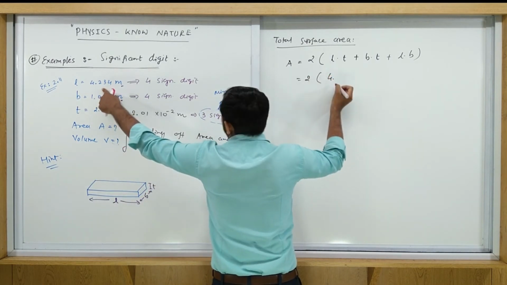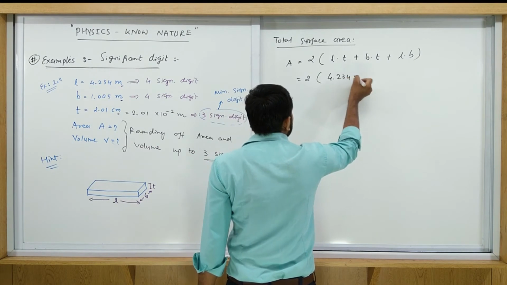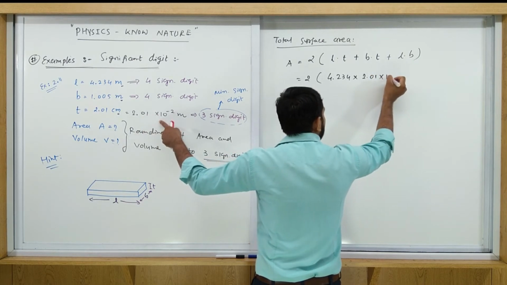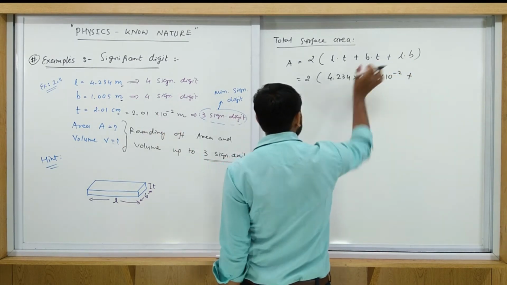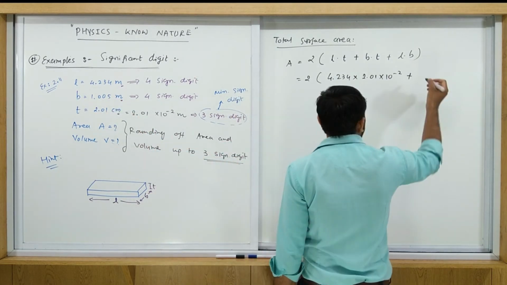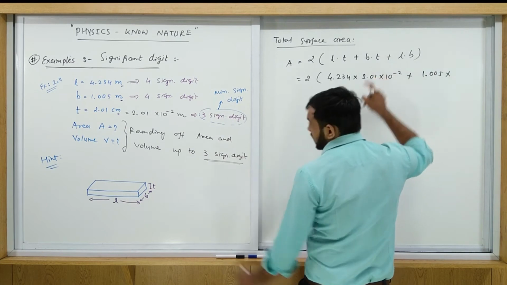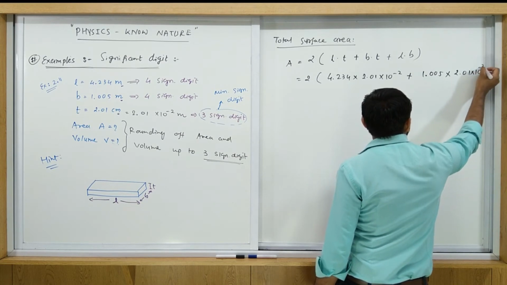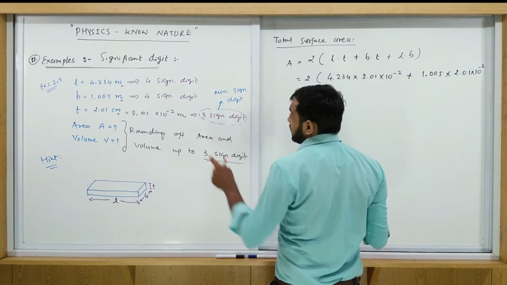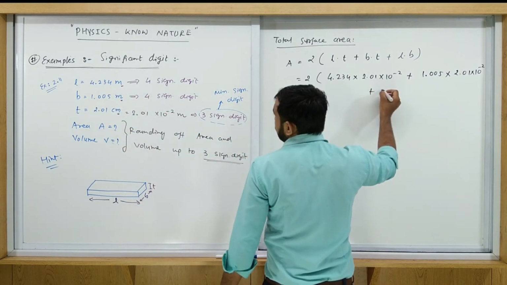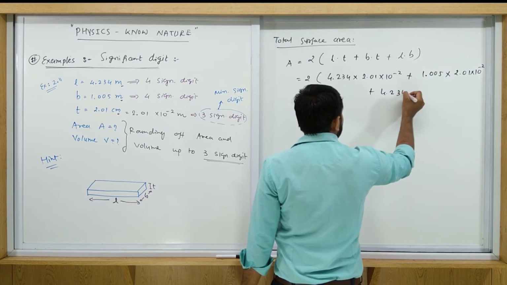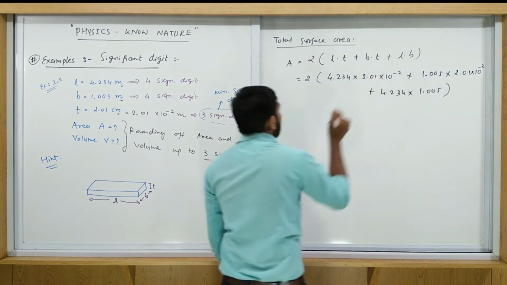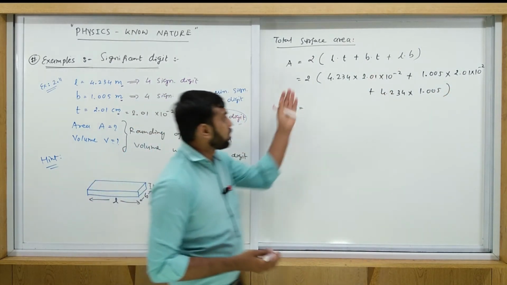This one, 4.234, into what is T here? 2.01 multiplied by 10 raised to minus 2, plus B into T, this one 1.005 into T, T equal to 2.01 into 10 raised to minus 2, and plus L into B, so again this one, 4.234 multiplied by B, 1.005. You calculate all this by yourself.